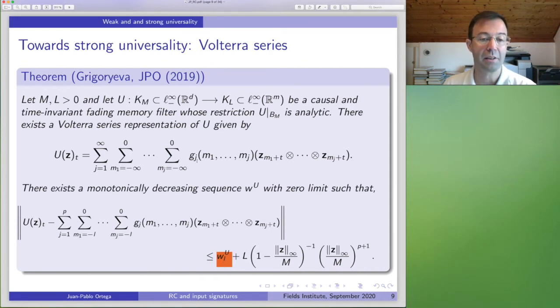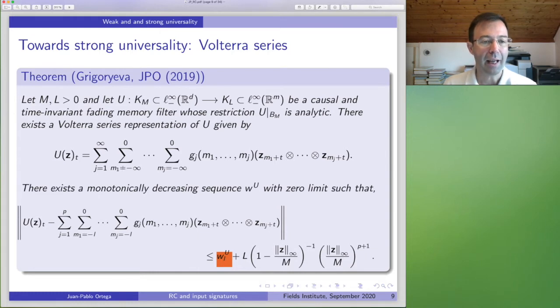It's as simple as that. And then when you truncate, if you are in the Sandberg situation, you would get basically the Taylor remainder, right? And since we are in the fading memory situation, we need to add this extra term. So this is just a sequence that goes to zero when the truncation L goes to infinity, because there are two types of summands here.